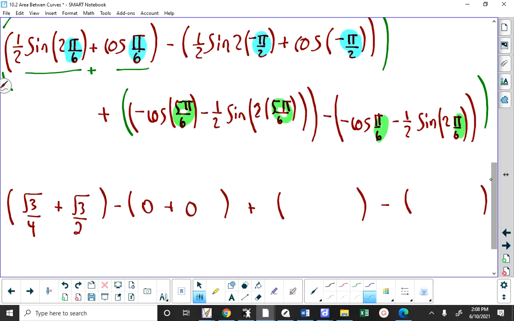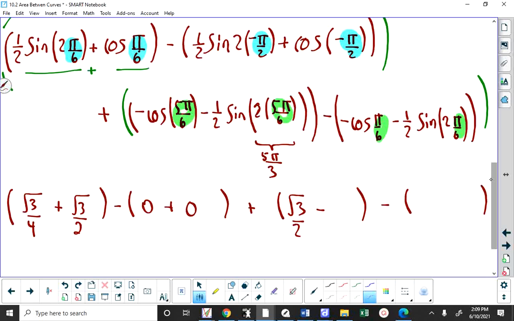Then I'm at negative cos of 5 pi over 6. So cosine of 5 pi over 6 is actually negative root 3 over 2, times the negative in front of the cos is root 3 over 2. And then we have minus a half times sine of 2 times 5 pi over 6, which is 5 pi over 3, which is 1, 2, 3, 4, 5.